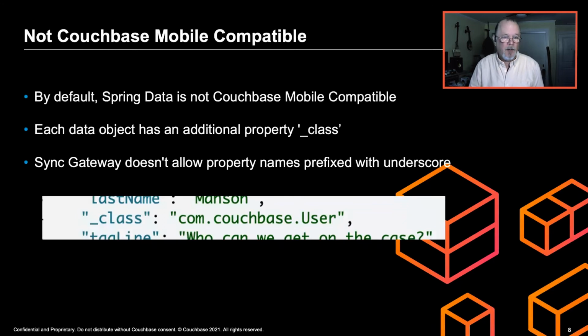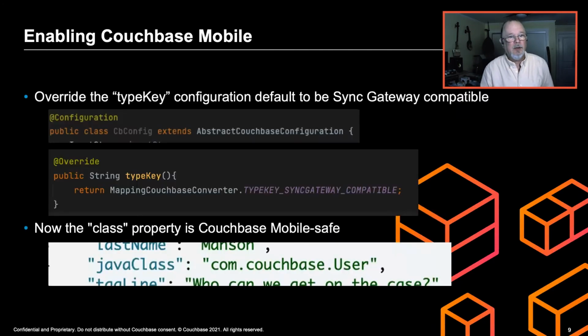So what can you do about it? Actually, there is something you can do about this. In the configuration for Spring Data Couchbase, there is a type key property that defaults to the _class setting. But you can override this by returning the typeKeySyncGatewayCompatible setting, and it converts it from the _class name to javaClass.